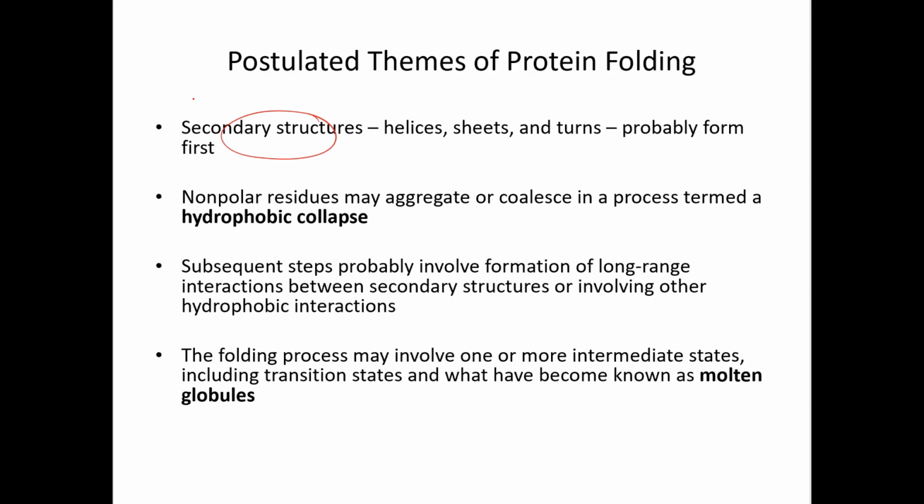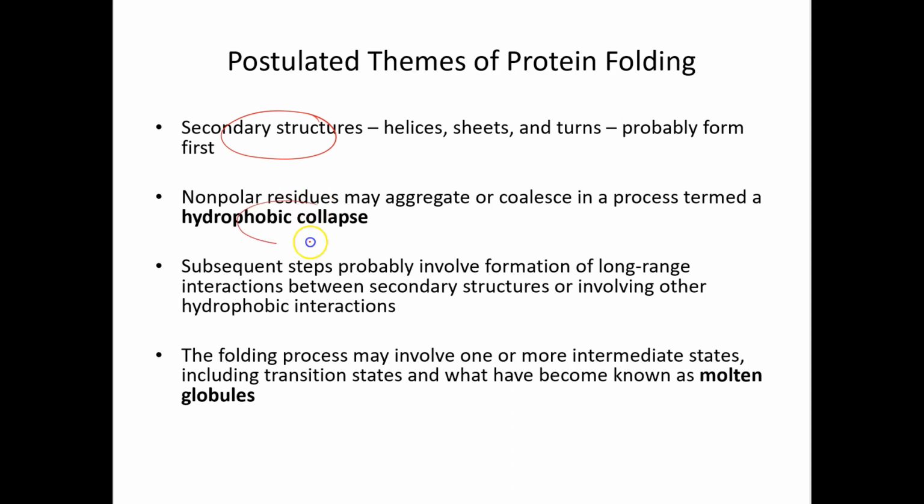Once you've achieved all those helical and beta sheet structures, you significantly reduce the degrees of freedom associated with the structure, and random sampling is a much more simple problem than it was before, but it's still a significant problem. What happens next, before random sampling comes into play, is the hydrophobic collapse.